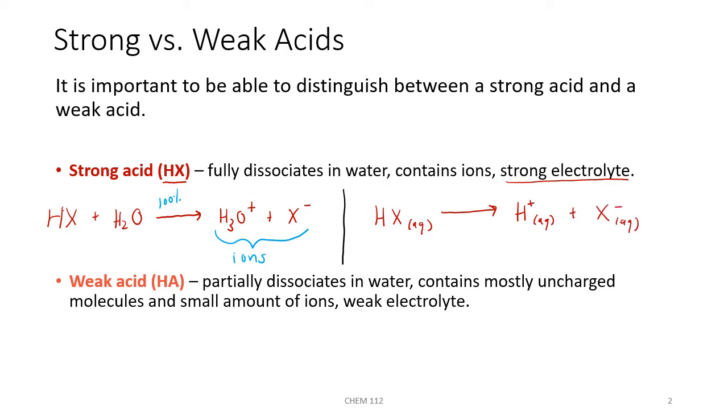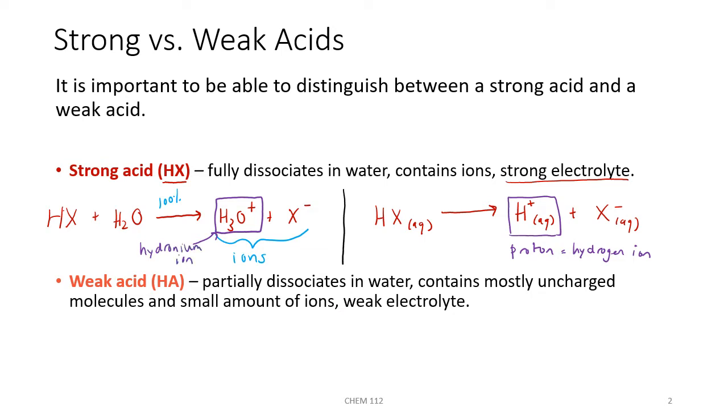A lot of times H plus, which is called a proton or a hydrogen ion, is used interchangeably with H3O plus, which is called the hydronium ion.